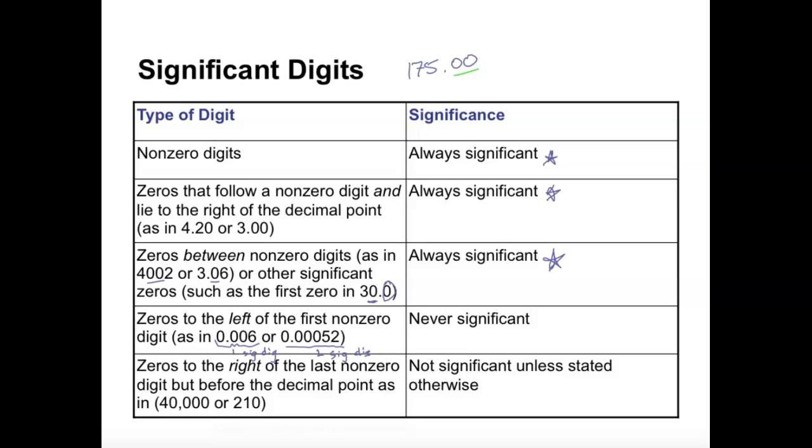And then any 0 to the right of the last non-zero digit, but before the decimal point, are not significant unless stated otherwise. So again, this 40,000, that has 1 significant digit. This 210, that has 2 significant digits. Okay?